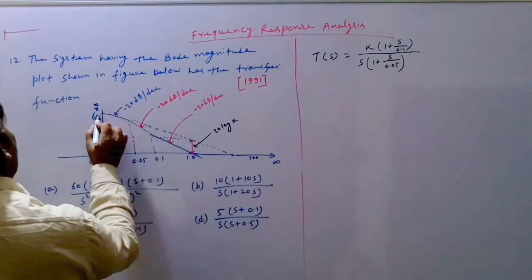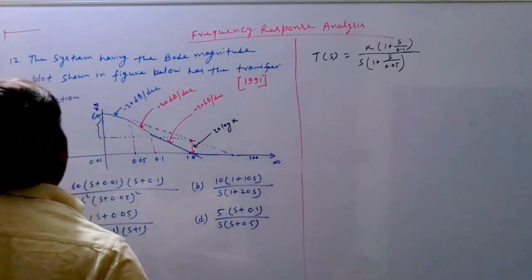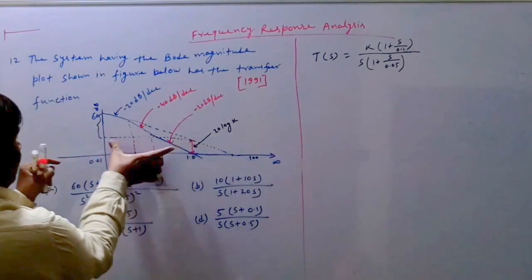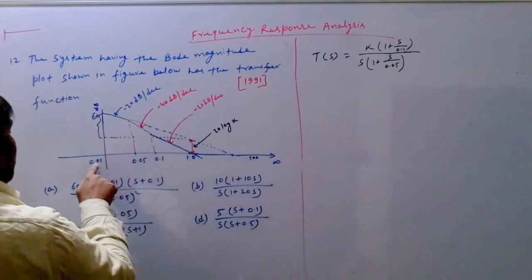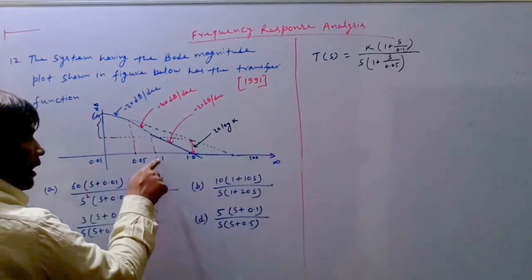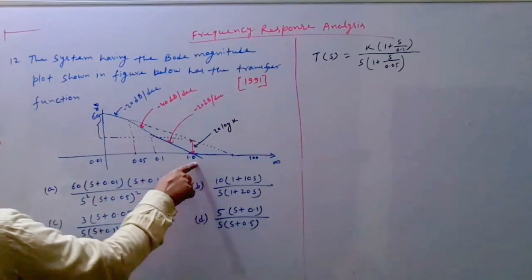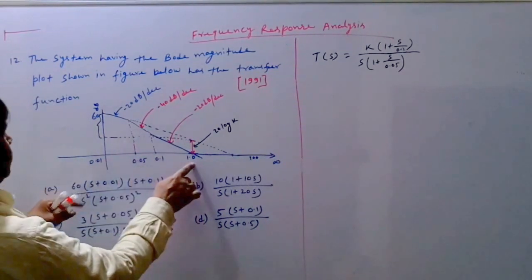How much will be this drop? So this drop will be nothing but, since this is 2 decade, from here to here it is 2 decade, because 0.01 to 1 is 1 decade, and 0.1 to 1 is another decade. So this one is 2 decade.